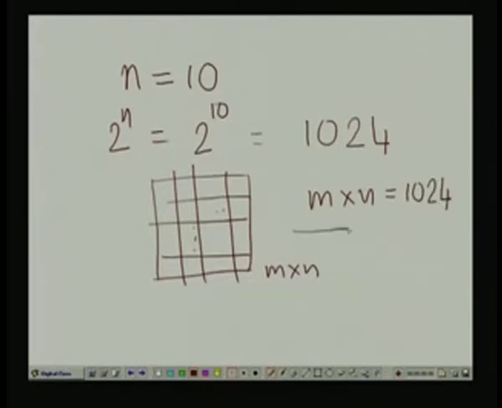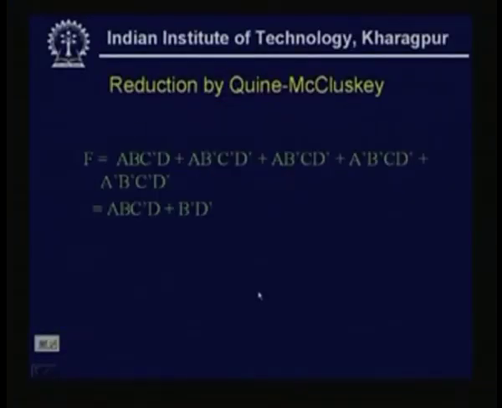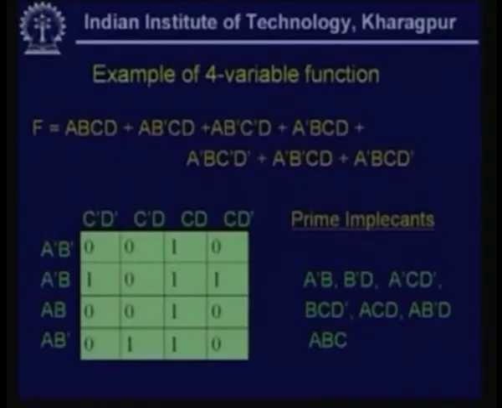Now, just now we have seen one 4 variable example, where we saw that there can be 7 groups, if I consider all the quads and couples.